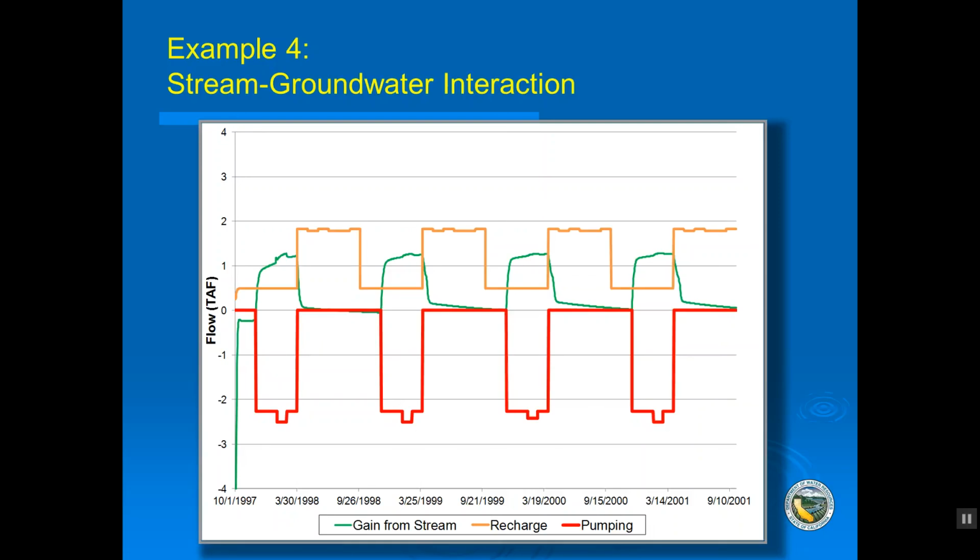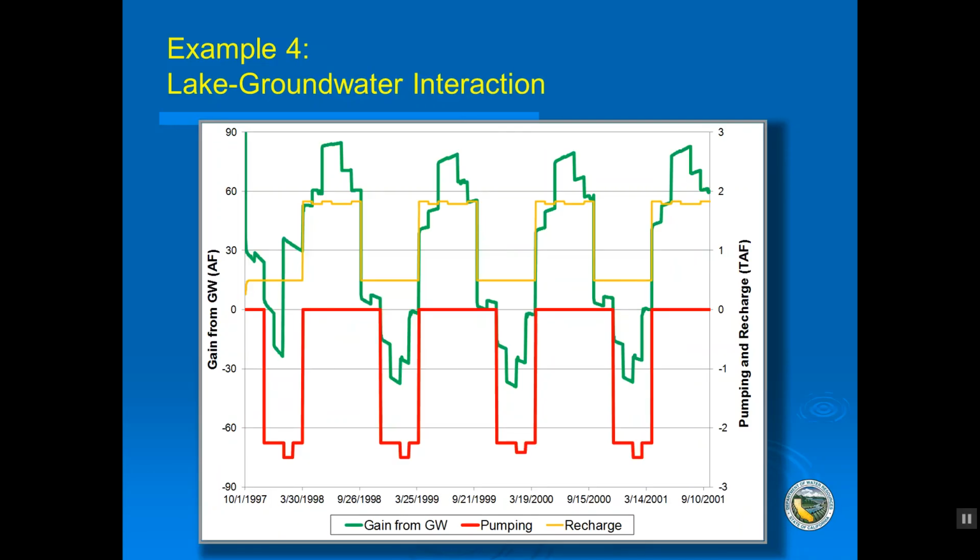When the recharge operation starts, that loss from the stream quickly drops, but then the pumps come online again, our stream starts losing. When the recharge happens, they start losing less and less and keeps continuing. And that's basically kind of the meat of these studies with the water transfers, like we heard Mesut yesterday switching from diversions to pumps, but are you really pumping groundwater or are you pumping stream flows?